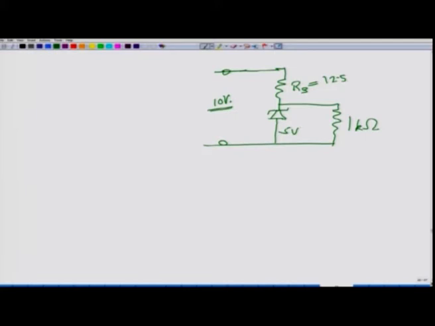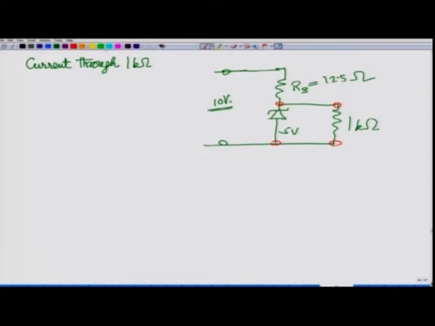So, what is the current now? Current through this RS, current through this Zener, and current through this 1 kilo ohm. So, first let us say current through this load resistance, 1 kilo ohm resistance. So, here what is the voltage? This voltage is same as this voltage, and this voltage is 5 volt.